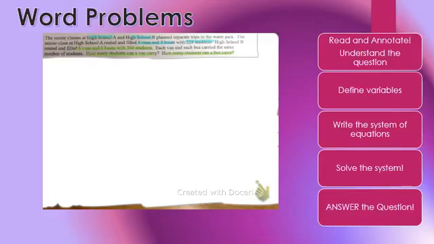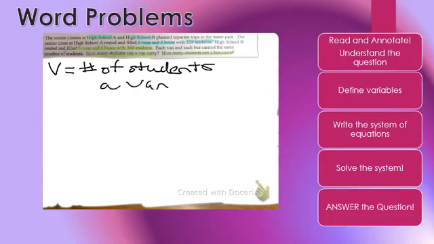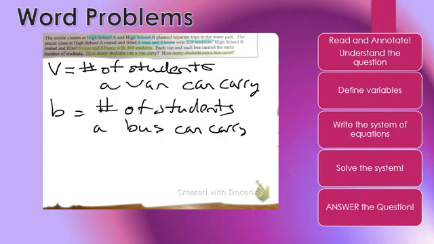Next up, you need to define your variables. So let's go with V and B. V is for the number of students a van can carry. B will be for the number of students a bus can carry. After you define your variables, you need to write out the system of equations.